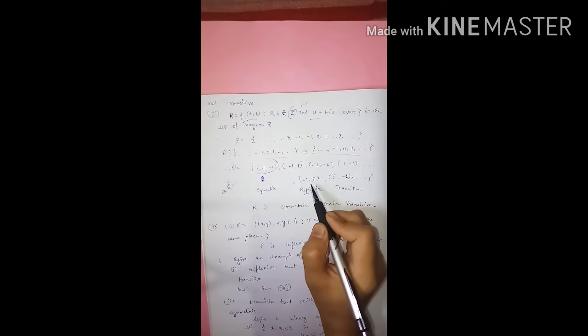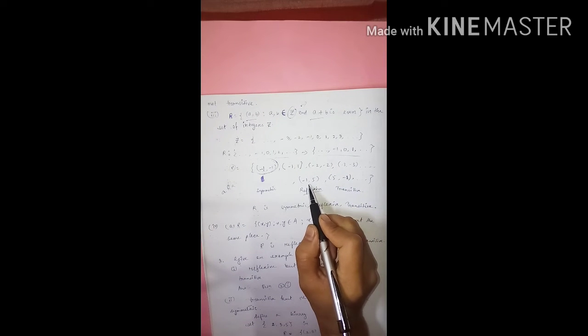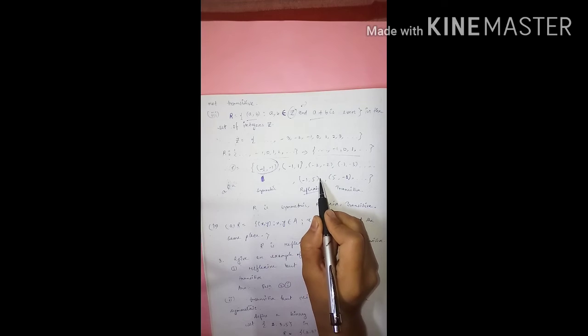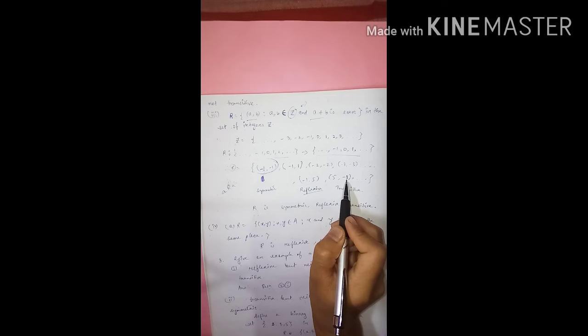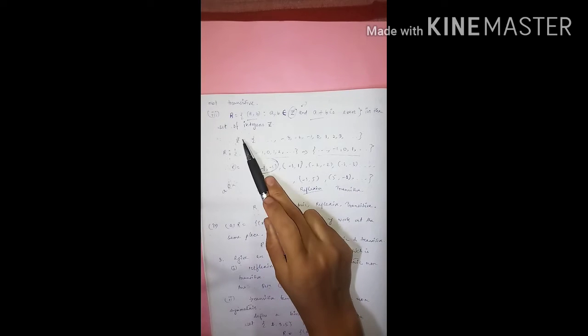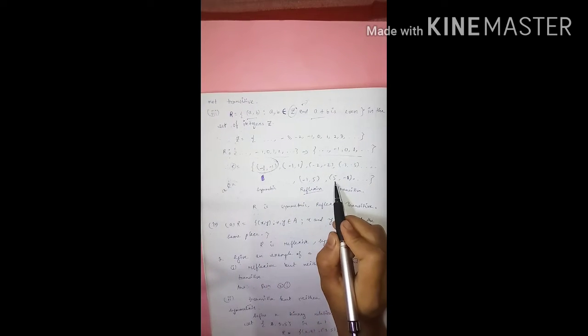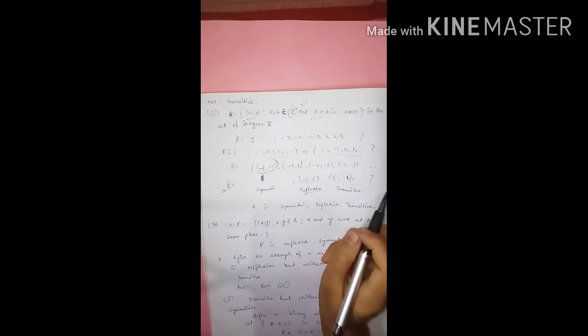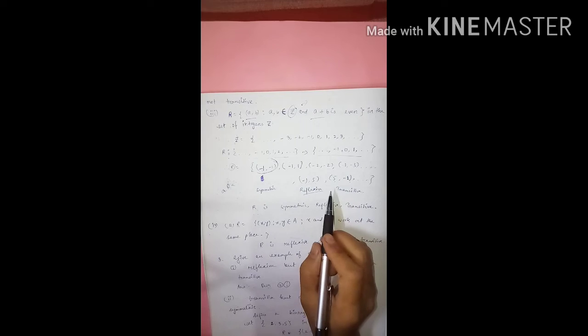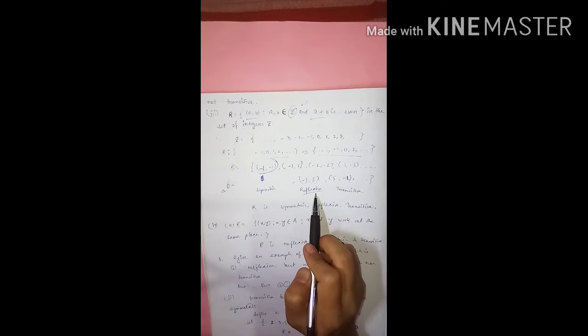Here, if I take the element (-1, 5), there is always (5, -1) in this relation on this set of integers. 5 is also an integer, -1 is also an integer. So this is symmetric also.